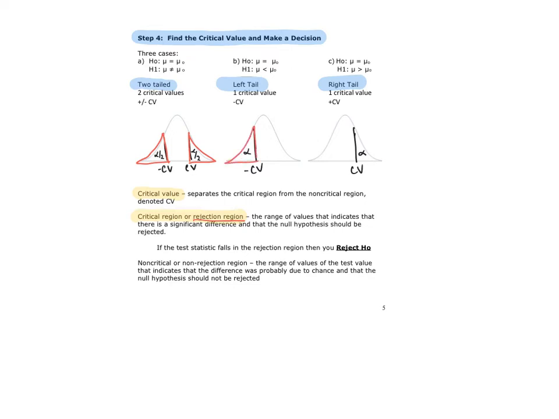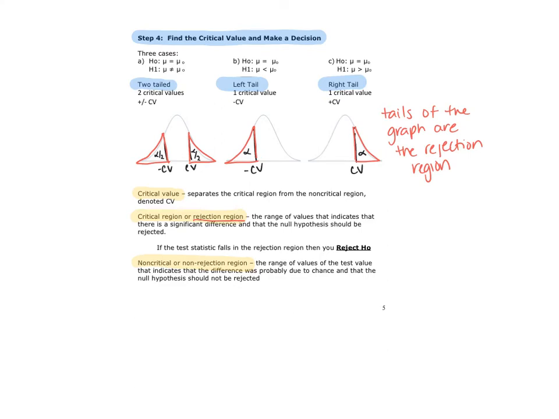In a left-tailed test, just the left tail is our rejection region, and in a right-tailed test, just the right tail is our rejection region. Everything else is the non-rejection region, or the non-critical region.